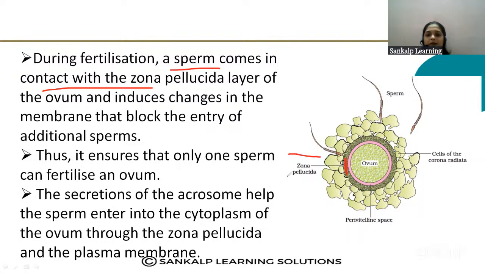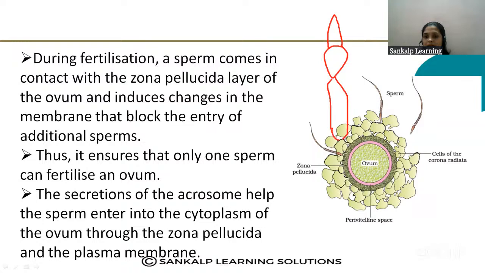And for the entry of the sperm in the fertilization process, there is a specialized structure inside the sperm. Yesterday we studied the structure of the sperm. So there is a specialized structure in the sperm. What is it called? This is the head region, then the neck, the middle piece, and the tail region.